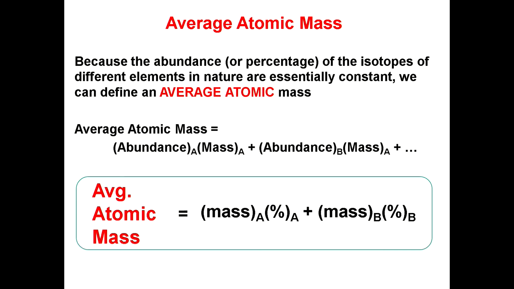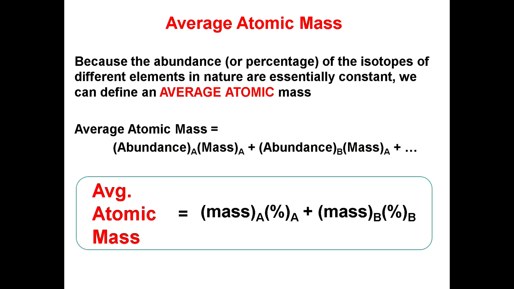We use the average atomic mass. Because the abundance of the isotopes of elements in nature is constant, we can define the average atomic mass.